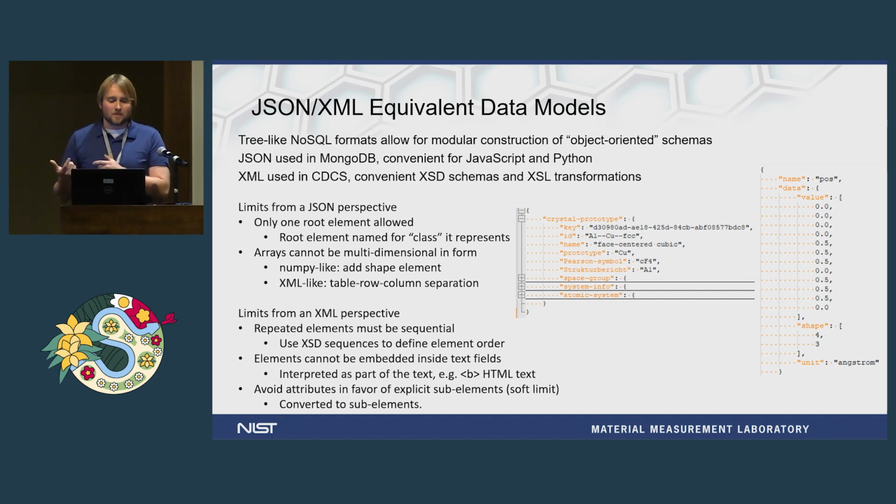The sub-elements in the records can represent different sub-elements, and then you can compose the full schemas by piecing together the big blocks. Having it be JSON and XML equivalent means that you can take advantage of the tools and features of both JSON and XML while imposing relatively few limitations on how you can design your schema.